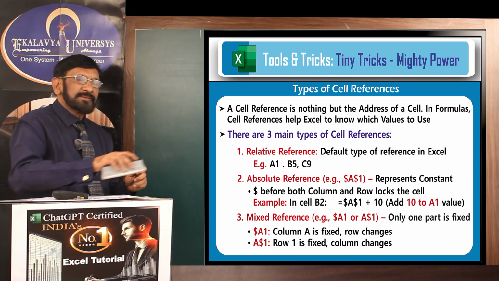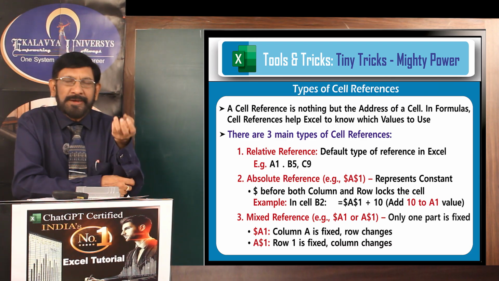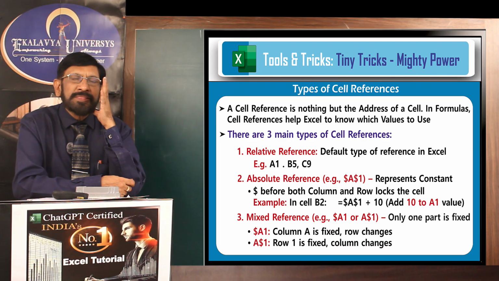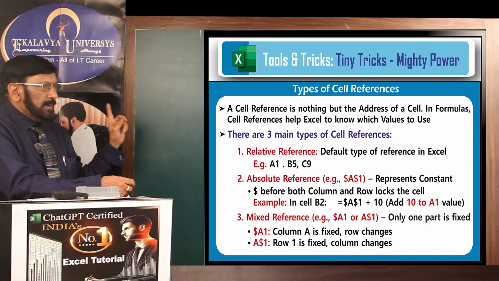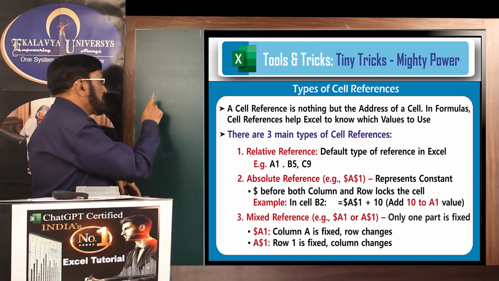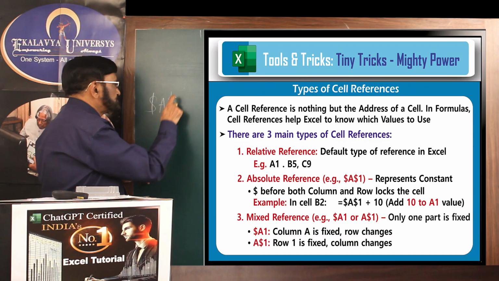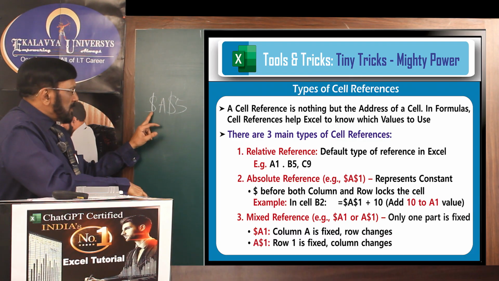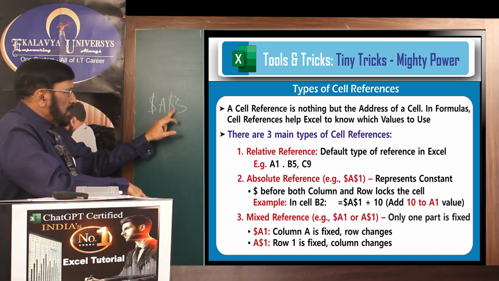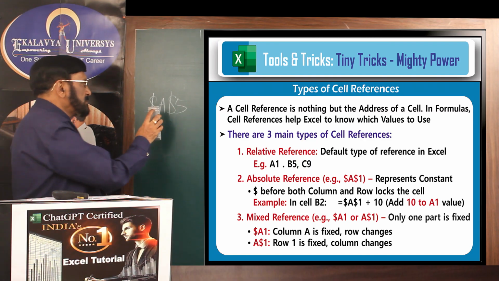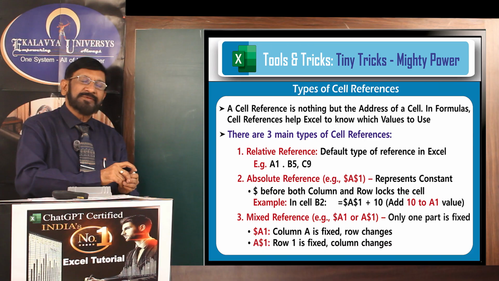But in other cases, wherever we have to use a constant for all the items, we have to declare it as absolute, like this. We are locking the column, we are locking the row. This is the code. In some cases, mixed references are required.